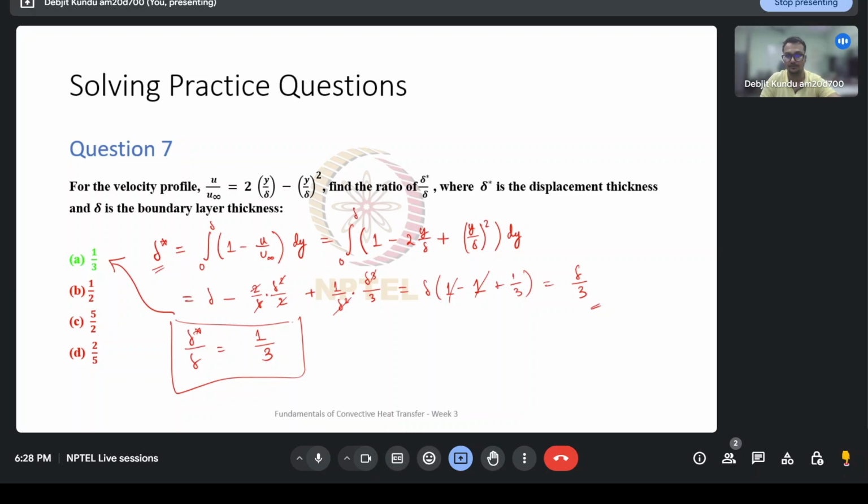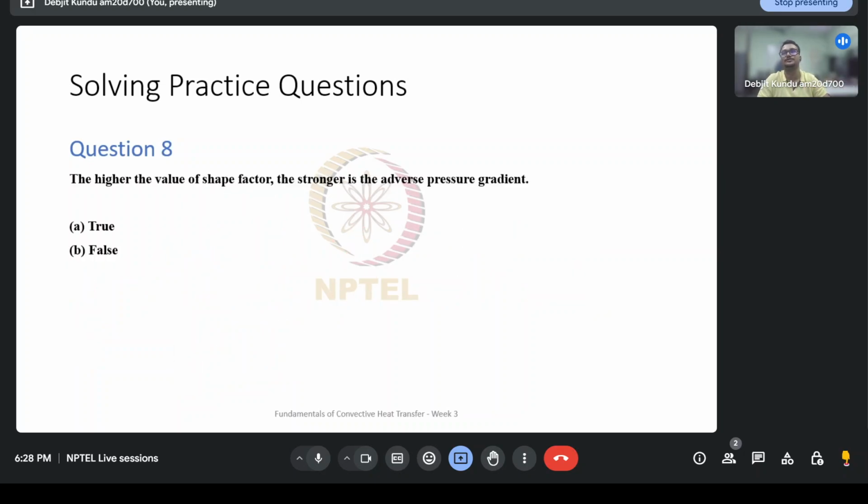Alright, so moving on, we'll move on to question number 8, which is once again a true or false type of question that is asking us that higher the value of the shape factor, the stronger is the adverse pressure gradient. So the shape factor is defined as follows: H is equal to delta star over theta.